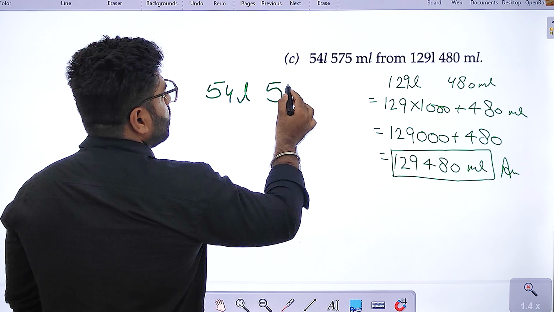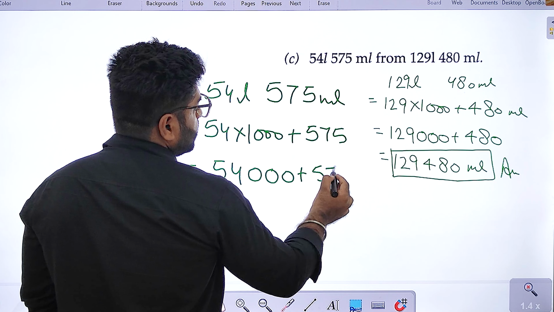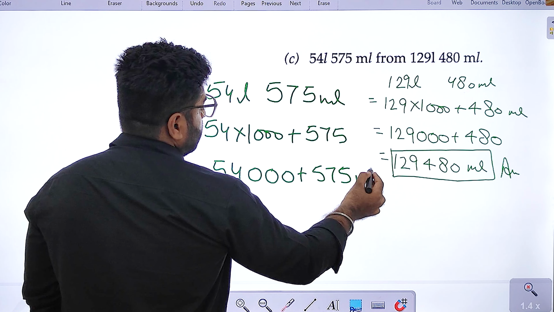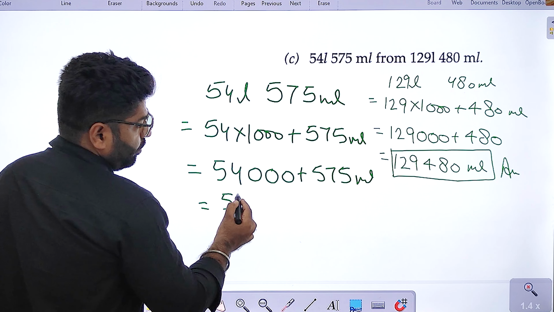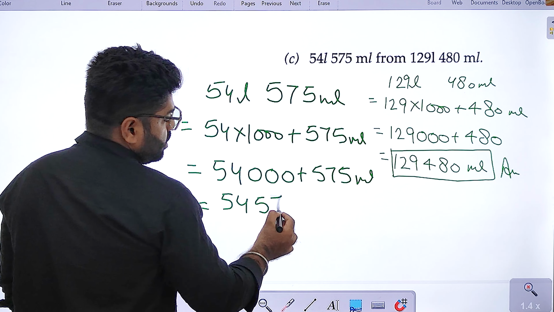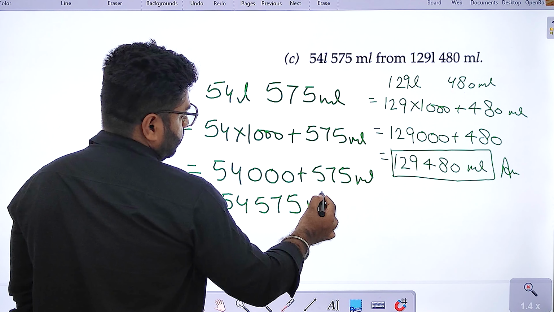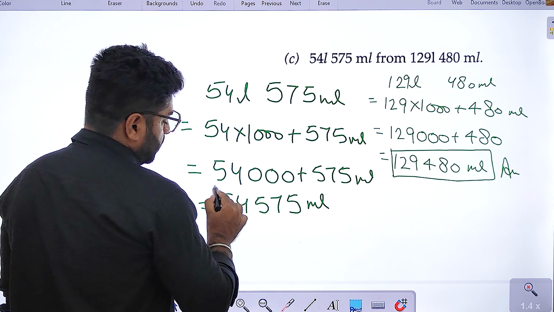So here we are having 54 into 1000 plus 575. This will become 54,000 plus 575 milliliter. So this will become 54575 milliliter. Clear?